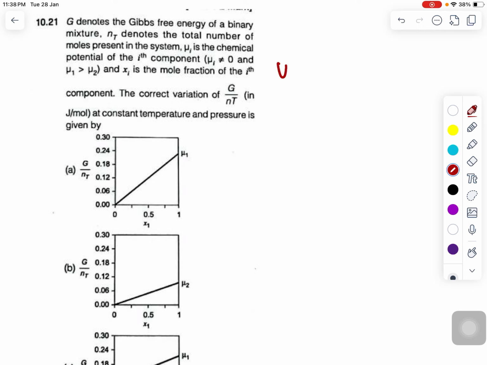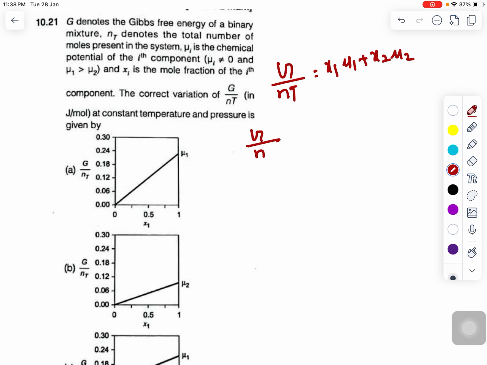So when we talk about G divided by nT, that is equal to x1 mu1 plus x2 mu2.